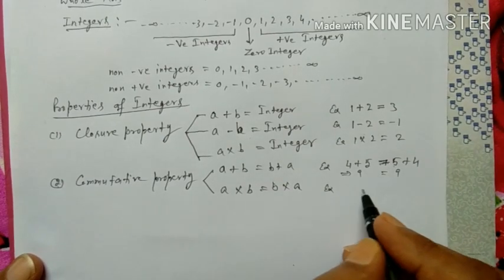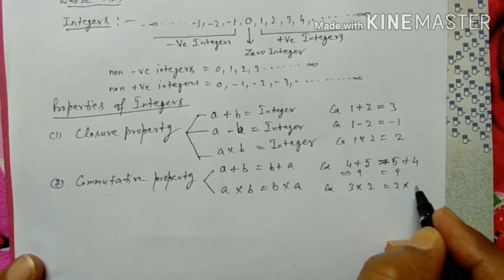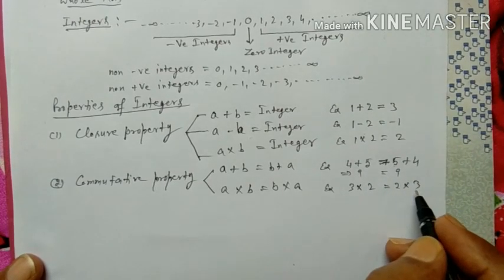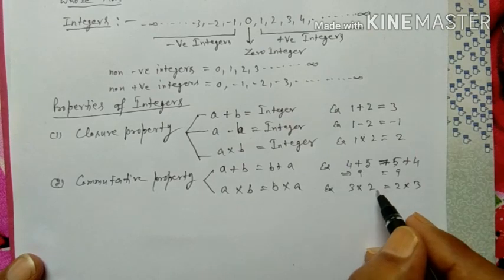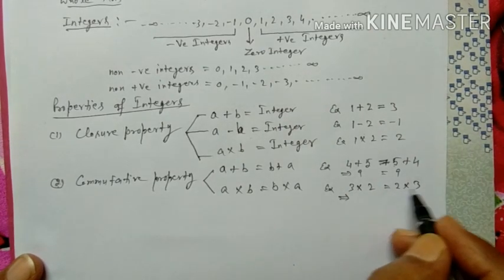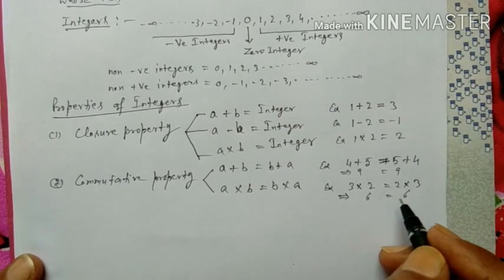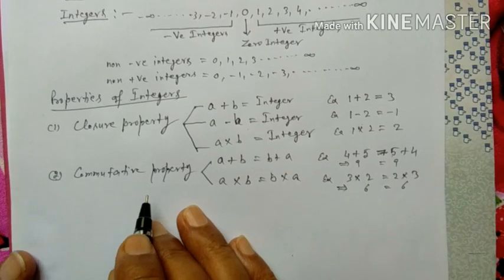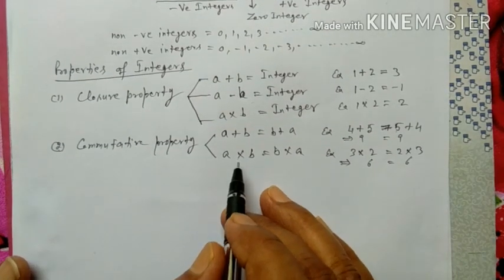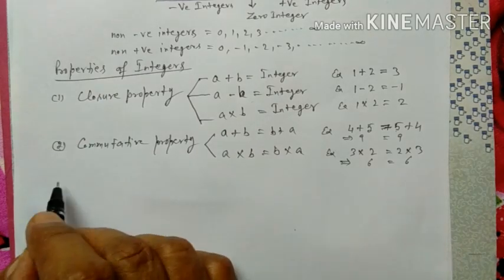For example, 3 into 2 equal to 2 into 3. The product of 3 into 2 is 6, and the product of 2 into 3 is also 6. They are equal. So the commutative property holds for addition and multiplication for integers.